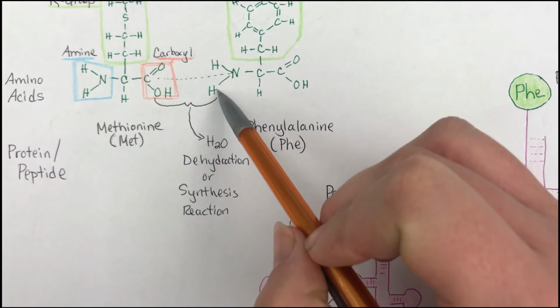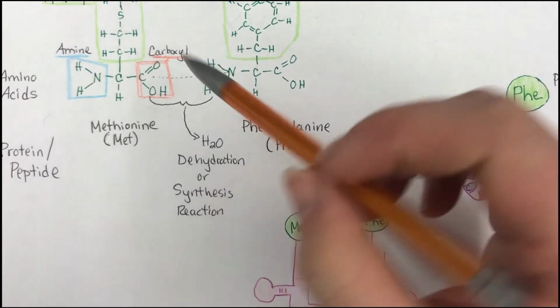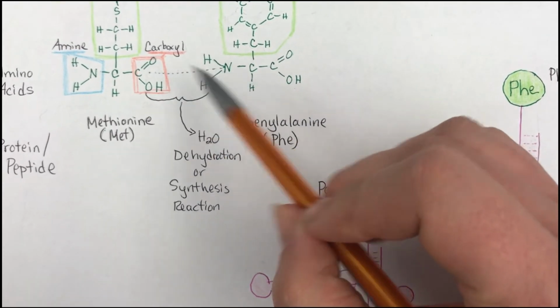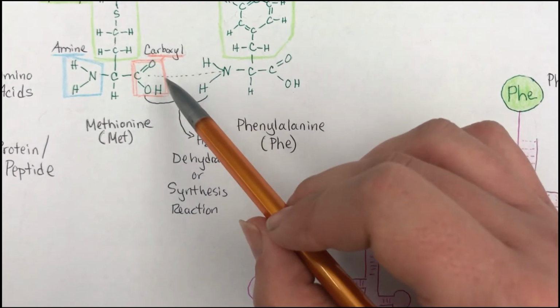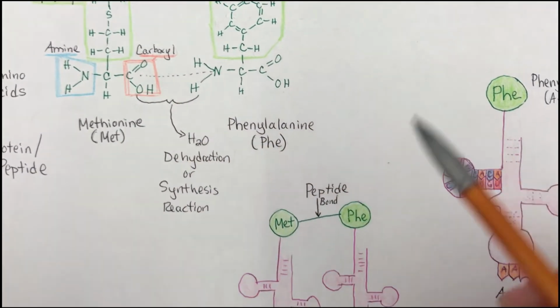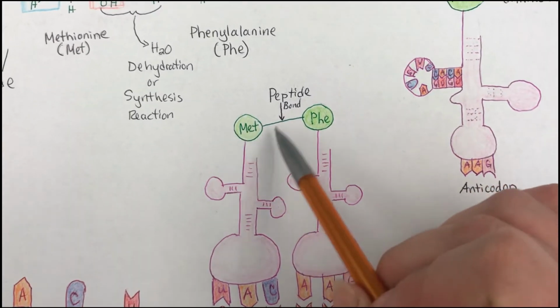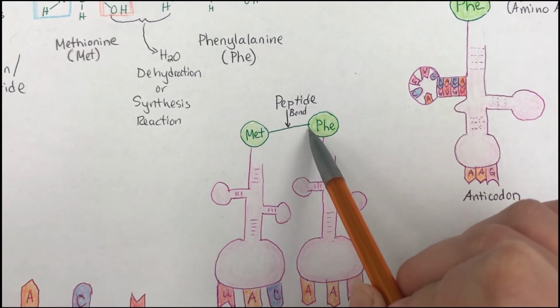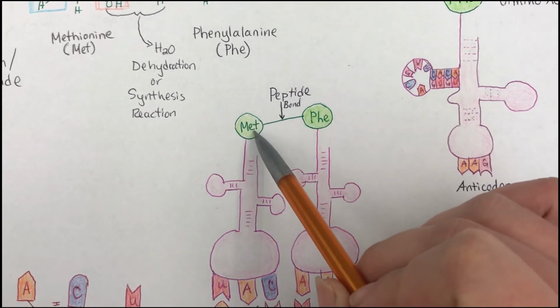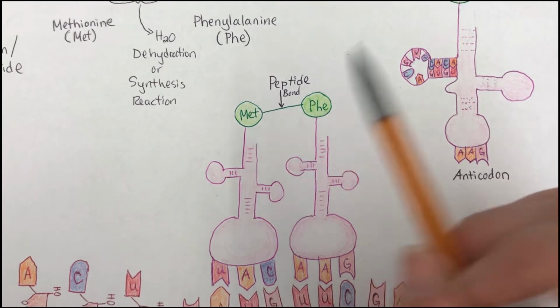Enzymes pull hydrogen and oxygen out of these 2 adjacent molecules and catalyze the reaction to form a peptide bond between methionine and phenylalanine. How we portray this is simply this little circle here, methionine, a line, and phenylalanine. So now we have this 2 amino acid long protein.